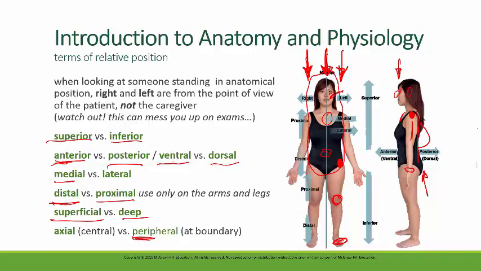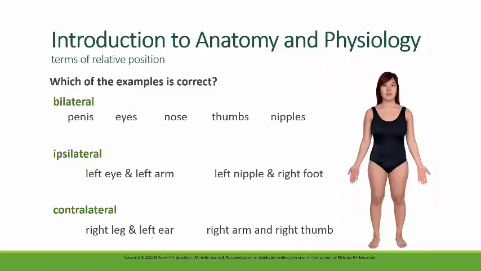All right, so hopefully these terms of relative position make some sense to you. So how about we practice? I've given you three, and this time we're going to use another set of terms of relative position: bilateral, ipsilateral, and contralateral. And this is all describing things on the sides of the body.